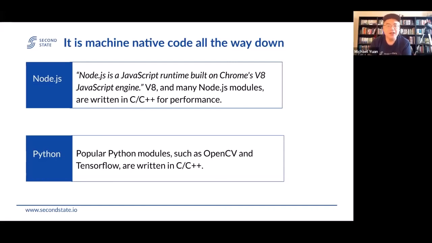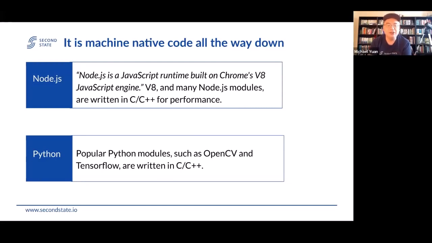That is because Node.js fundamentally is not a JavaScript framework. It is a JavaScript runtime built on a C++ engine. So the Google V8 is completely written in C++. And most of the common tasks you use in Node.js, like file system operations, like image resizing, and those compute intensive tasks, they are all written in native modules in C++.